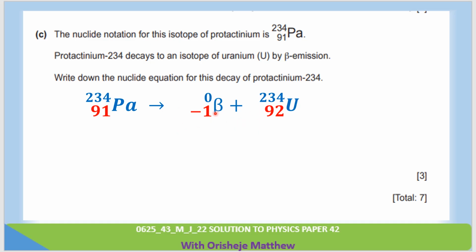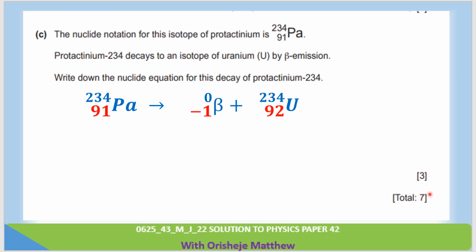So the right hand side has to be what? You know why uranium becomes 92? Because of this negative. So 92 take away 1 will give me balance with 91. Then the mass number or the nucleon number, 234 on the left hand side, 0 plus 234, so it's balanced. So with that, you have your 7 marks.